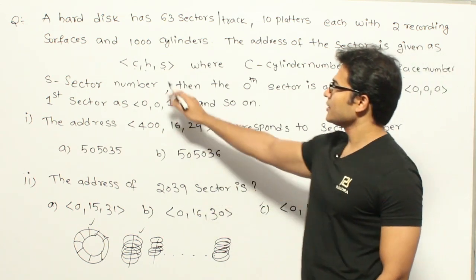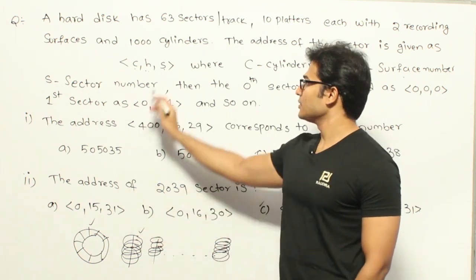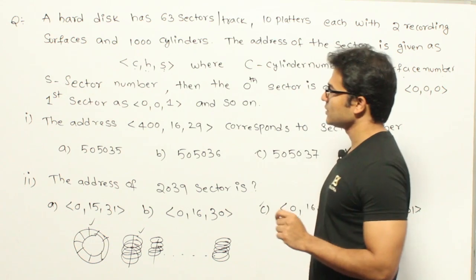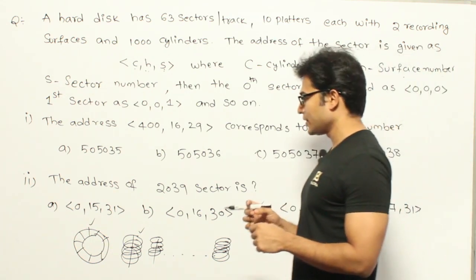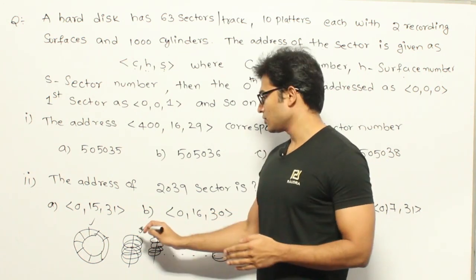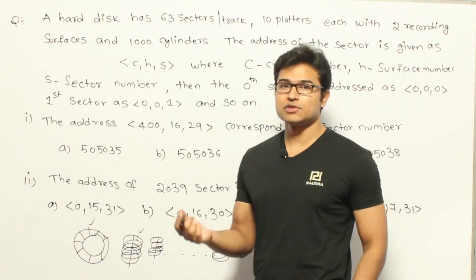One is the cylinder number, the second one is the surface it is on, and the third one is the sector it is on. But if you see the way they are using these numbers, they are not starting from 1. If they were starting from 1, then you could say that if a sector is present on the 10th one, you can count 1, 2, 3 and it is going to be the 10th one. But they are starting from 0.